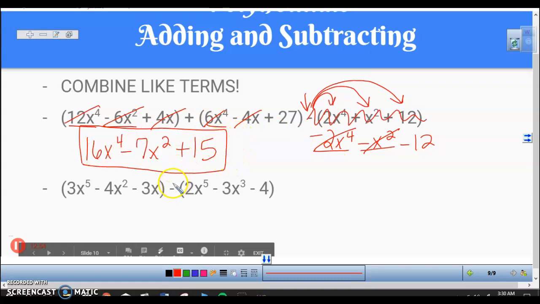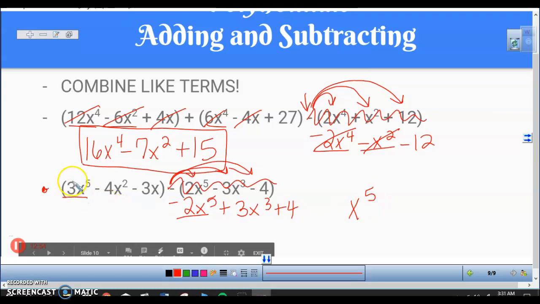Another one, I have a subtraction sign. I need to distribute that all the way through. And remember, this is not subtraction, so it's a dash. Negative 2x to the 5th plus 3x to the 3rd plus 4. Combine your like terms. 3x to the 5th minus 2x to the 5th gives me x to the 5th. I don't have any x to the 4ths.